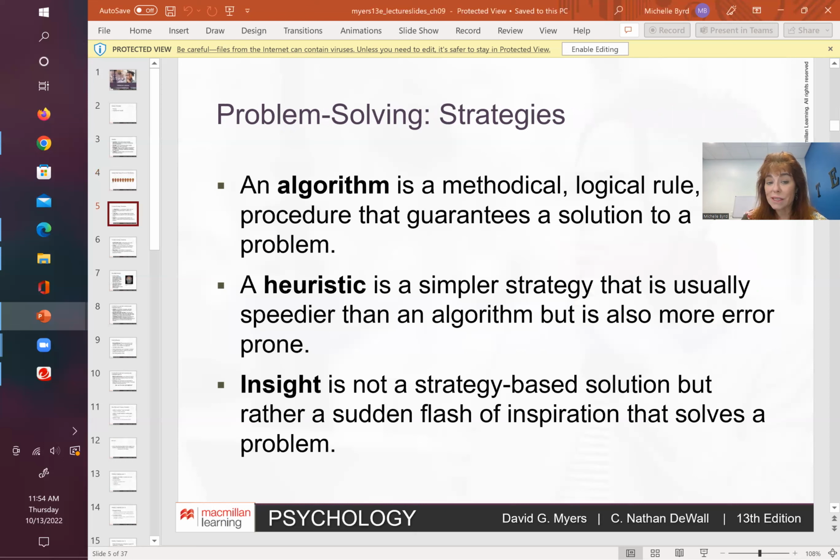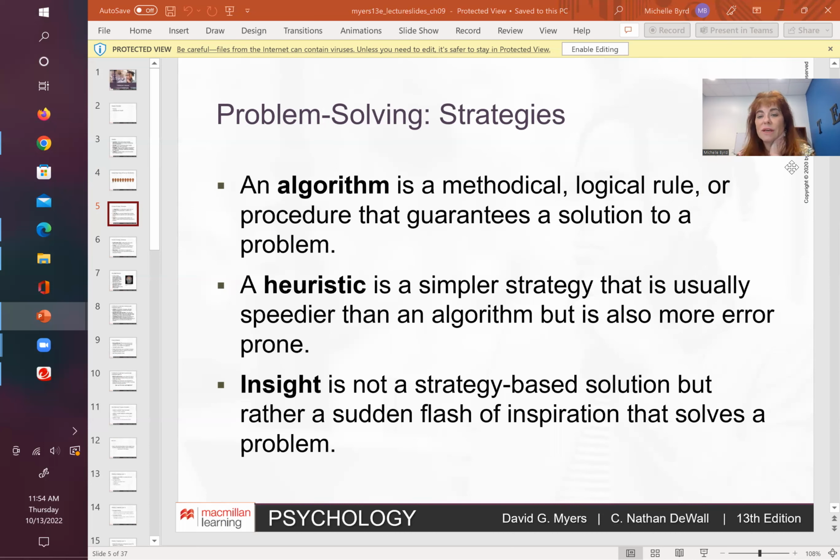So, problem solving strategies. An algorithm is a methodical or logical rule or procedure that guarantees a solution to a problem. You may have heard that a lot of different websites, some of the dating websites, also operate on an algorithm.